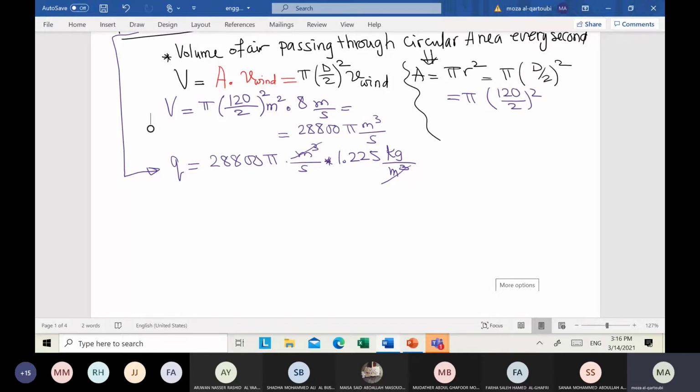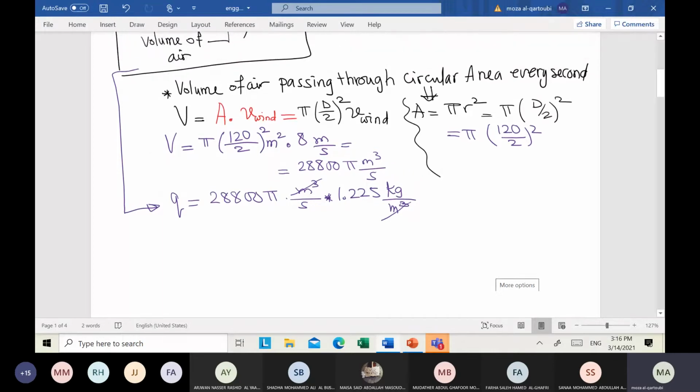This is the same as asked in this question. So Q, let's find this answer here. Q equals, in unit kilogram per second, 35,280 with respect to pi.